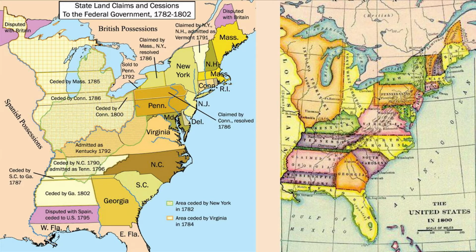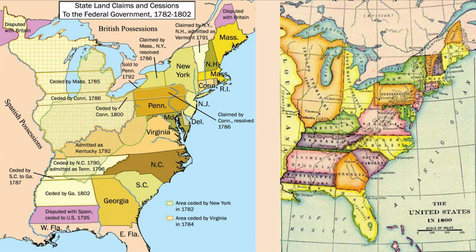And then the original colonies, now states, claim that they own the land all the way to the Mississippi, and that's going to cause some conflict too, because each of these states can basically claim whatever they want. And some of them, in fact, have some pretty ridiculous claims.